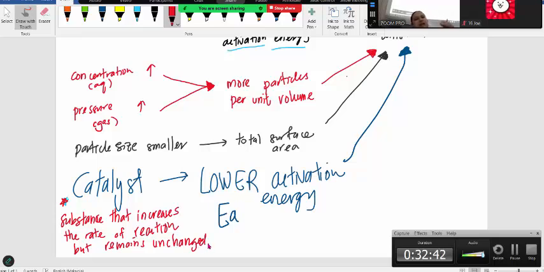That means I use this thing, it increases the rate of reaction, but when I finish the whole reaction, the catalyst is exactly the same. It doesn't change.